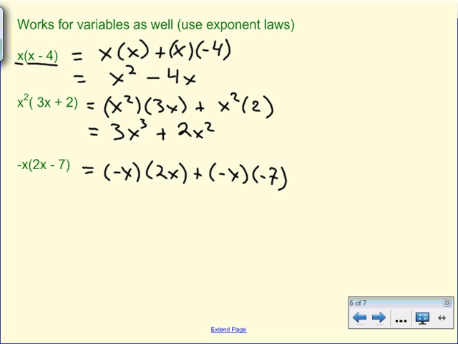So -1x times 2x gives me -2x squared, because this is not negative x, it's -1 times x. Over here I got negative x times -7 gives me positive 7x. So this one you always have to be careful of the double negative sign.